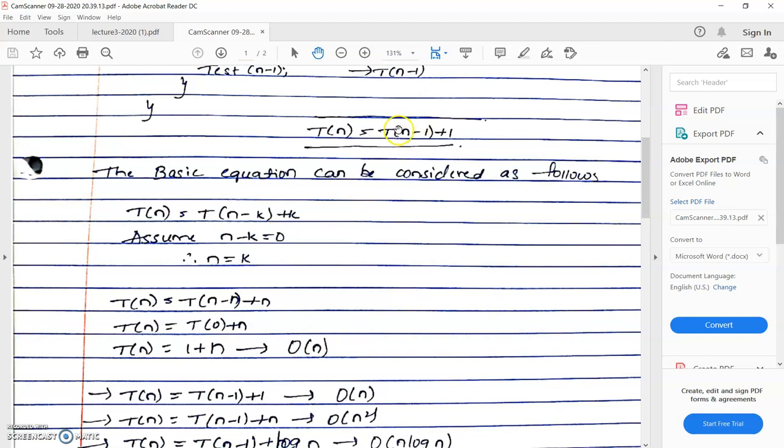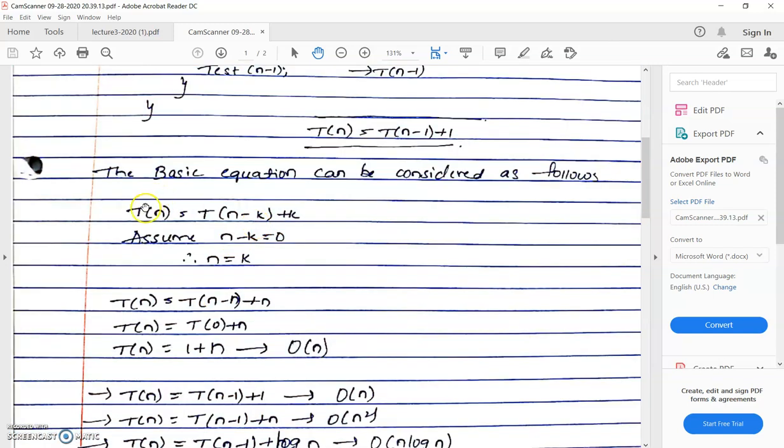If you keep subtracting 1 from n k number of times, we can assume that at some point n minus k is going to be 0. We consider that particular step as k. Therefore n = k.